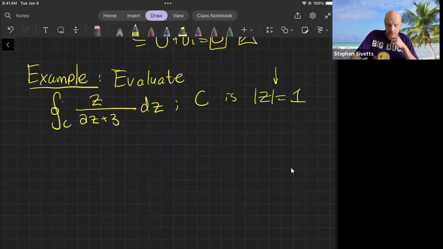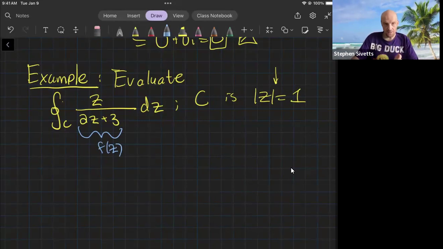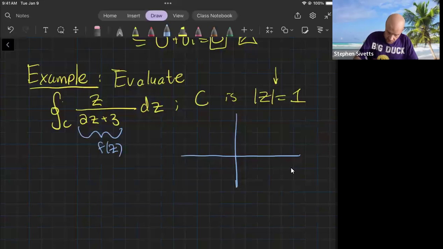So this here is f of z. What we need to do is figure out where this function is analytic. Also, let's draw in the unit circle.